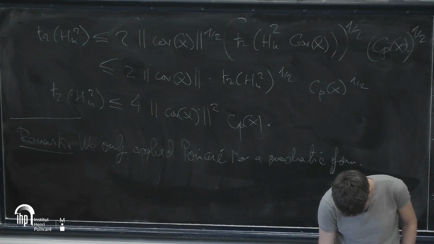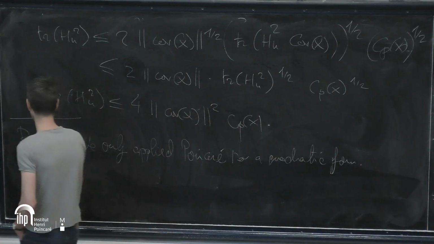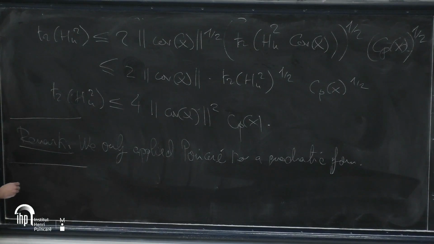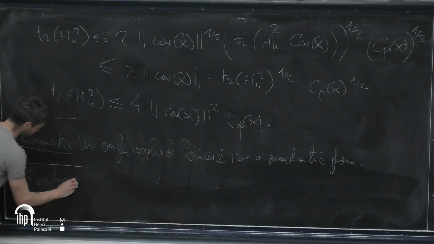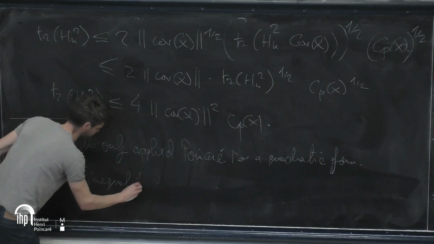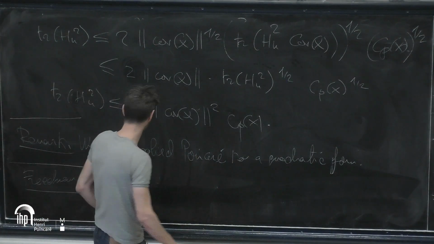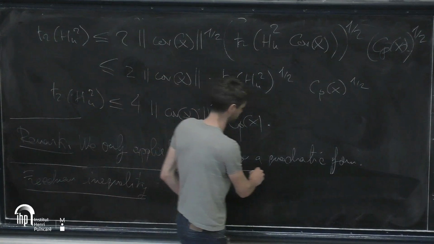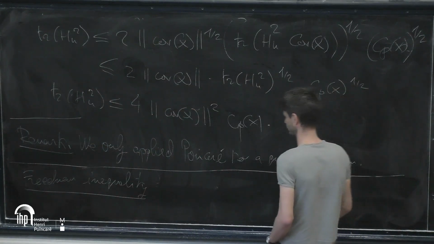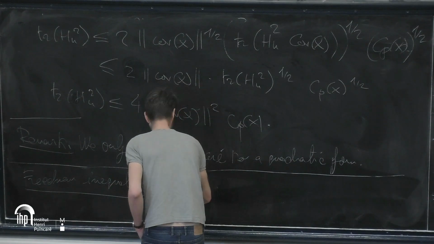Now we need a bit of probability. Something that I will call Freedman inequality, some sort of relatively classical thing for martingales. Let me put it as a lemma.